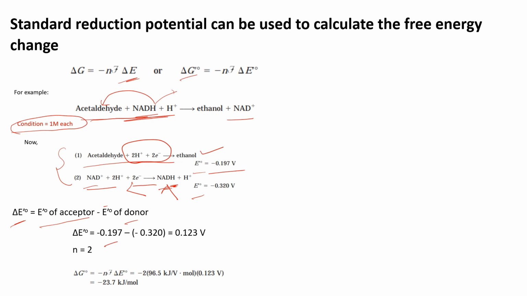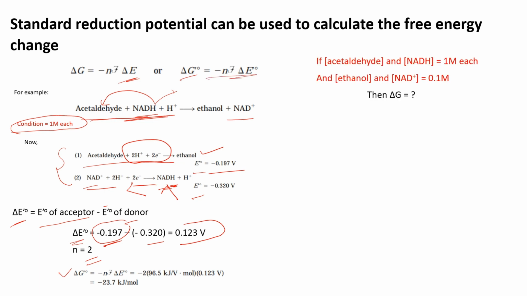So 0.197 will act as an acceptor and minus 0.320 will act as a donor. The number of electrons transferred here is 2, so the value of n will be 2. Now we also know the value of delta E, that is 0.123 volt. So we can put these values in this formula to get the answer.